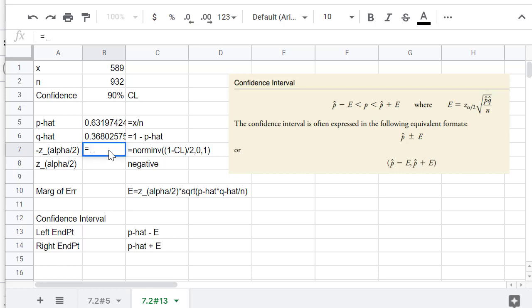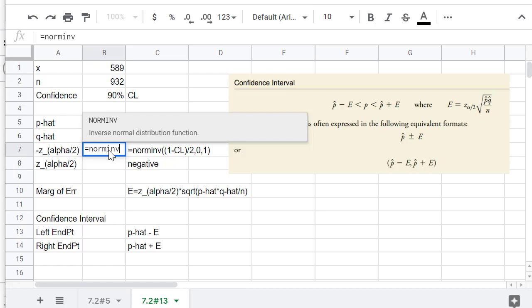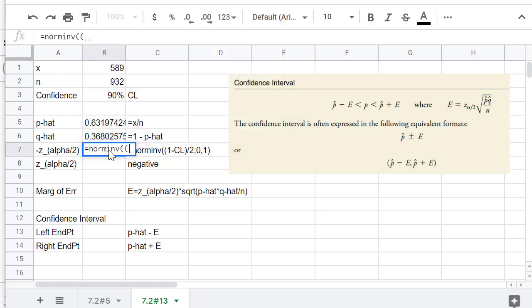Let's go ahead and type this function. Norm INV, 1 minus our confidence level, which is this number over here. Notice that this is in percent form, so it's actually 0.9.